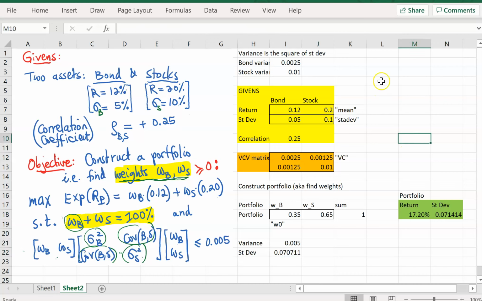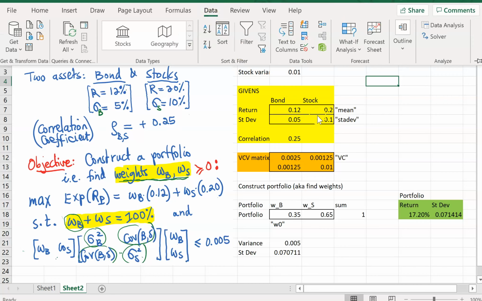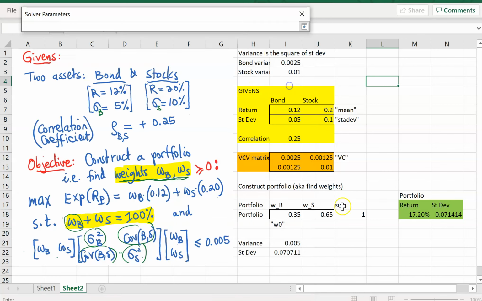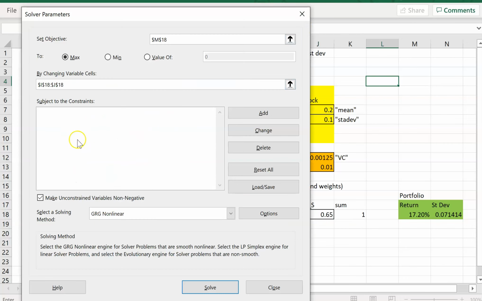But we know how to solve this problem very efficiently using Solver, right? So we go to the Data ribbon, and from there we find Solver. And now we want our objective. Our objective is first we want to have this maximized by changing the weights of the portfolio, namely these two. So keep changing those two.